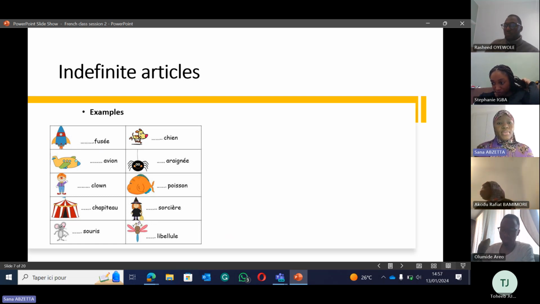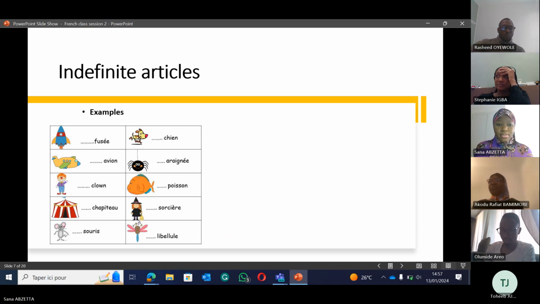This is a little tip to identify some feminine words. But not all feminine words finish with E. For example, souris, mouse, is a feminine word in French, but it doesn't finish with an E. Thank you very much.